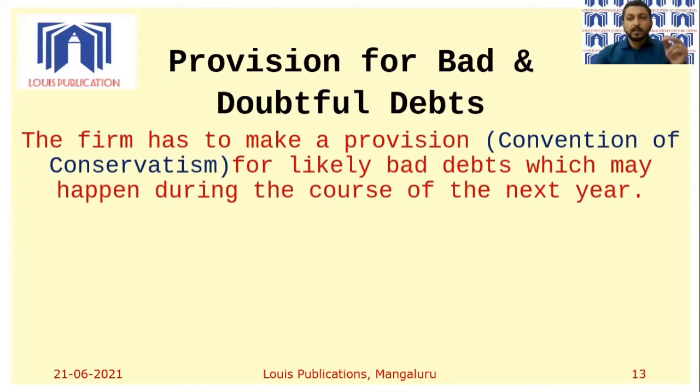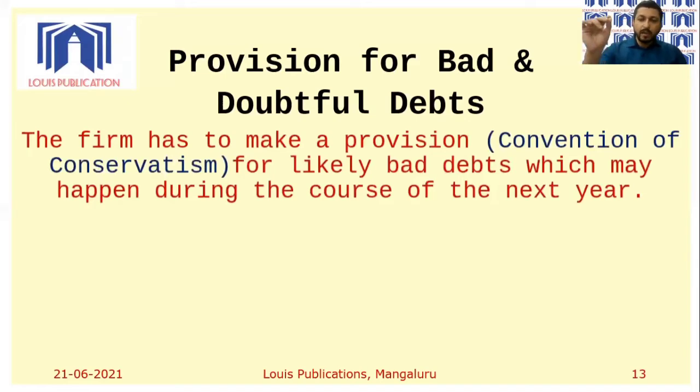When we learned concepts and conventions in part 4, if I remember correctly, we had discussed the convention of conservatism. The rule of the convention of conservatism is: provide for all possible losses, but never anticipate profits.